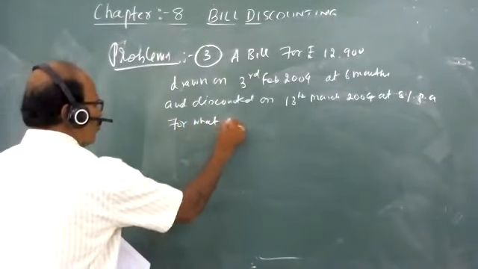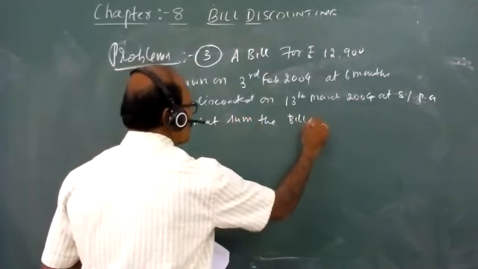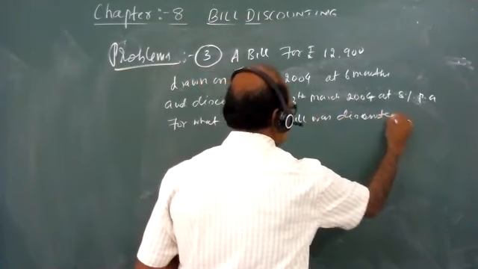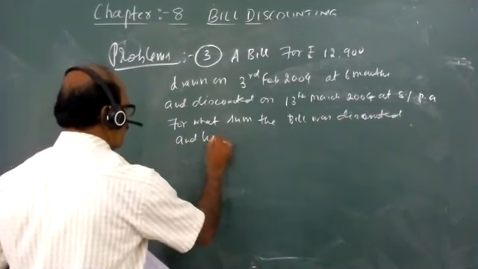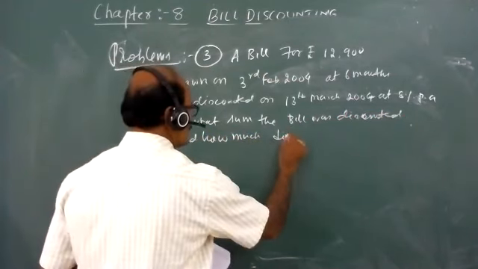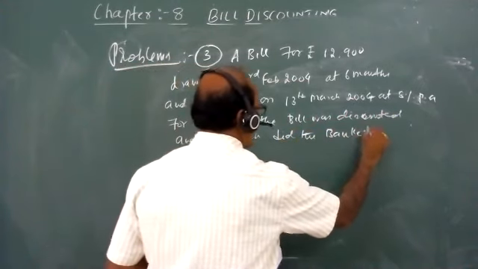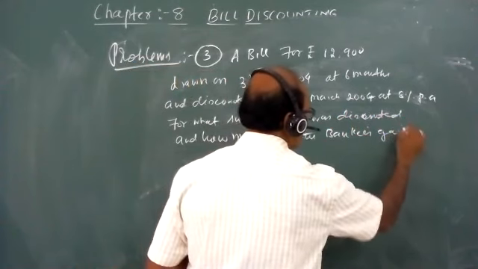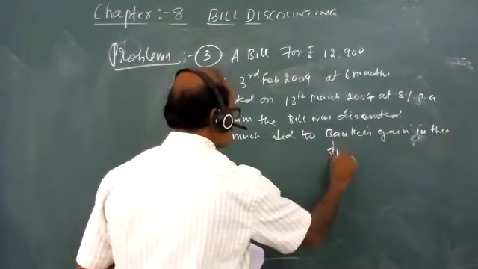For what sum was the bill discounted, and how much did the banker gain in this transaction?